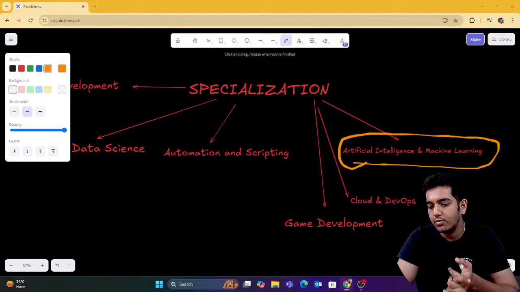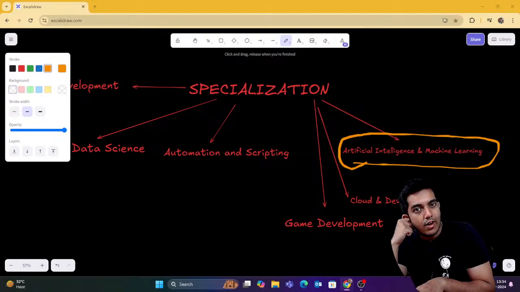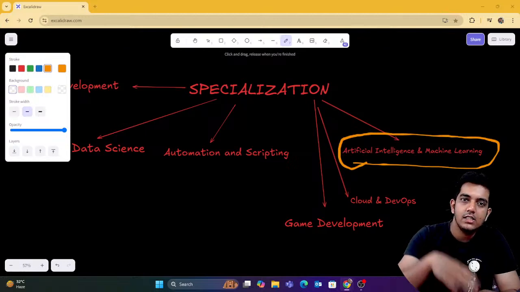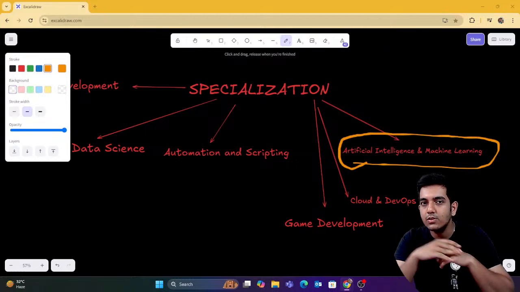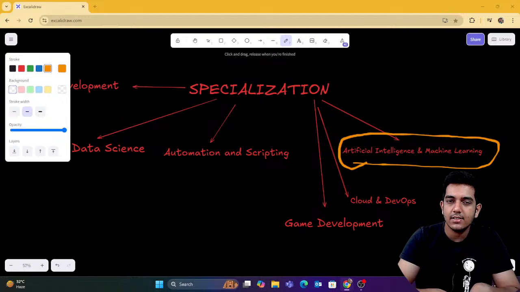Suppose you give the data of January, February, March, April, May, June, for five or six months. In January the sales were high, in June the sales were high, and in the rest of the months the sales weren't high. So why is this happening?